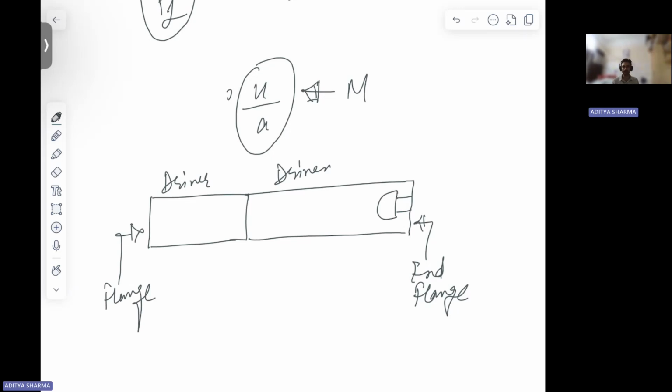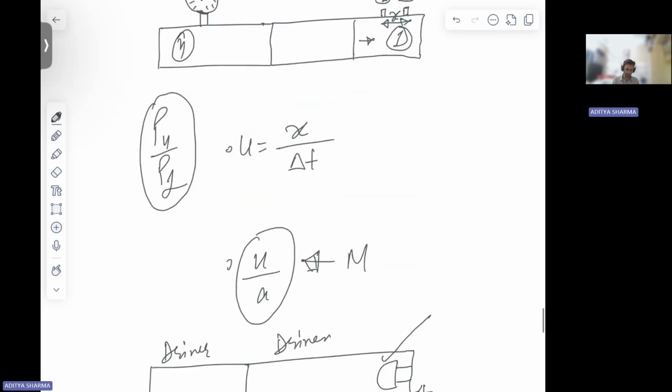One flange is at the end. So here we can fix a model and we can have instrumentation on these models, right? We can keep force sensors, accelerometers on this model and then we can study what happens when your shock hits this model, right?